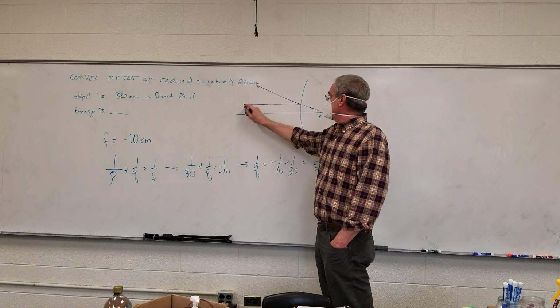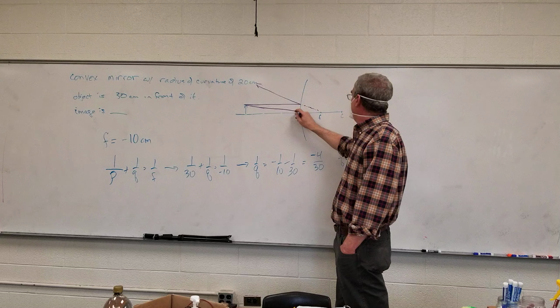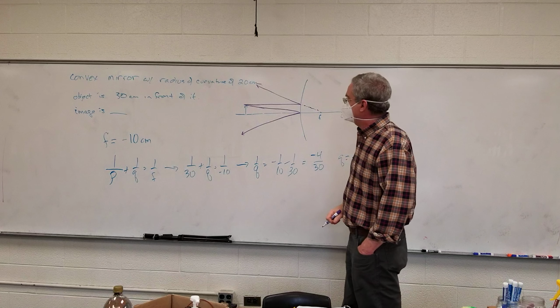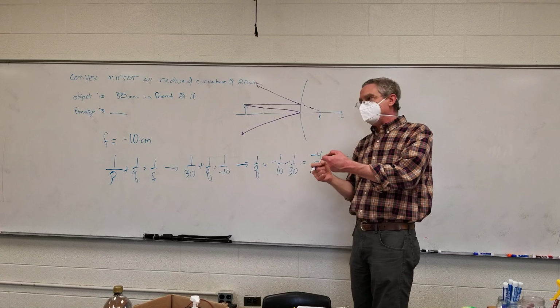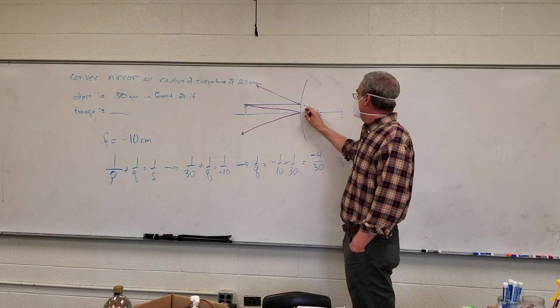Light that comes in towards the center will bounce just like before. But the image is going to happen where the light rays seem to meet. And so we sort of backtrack here.